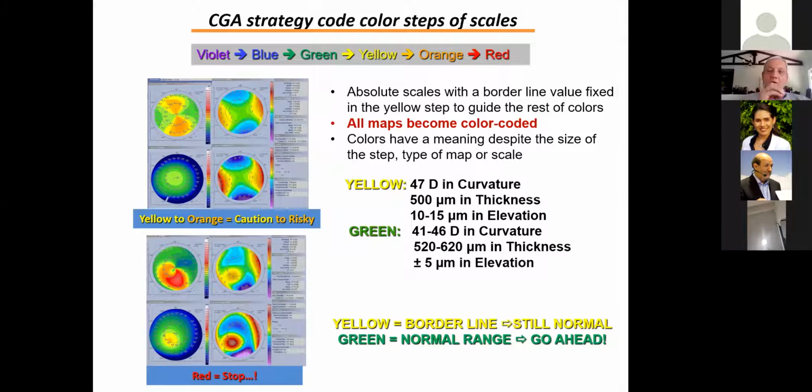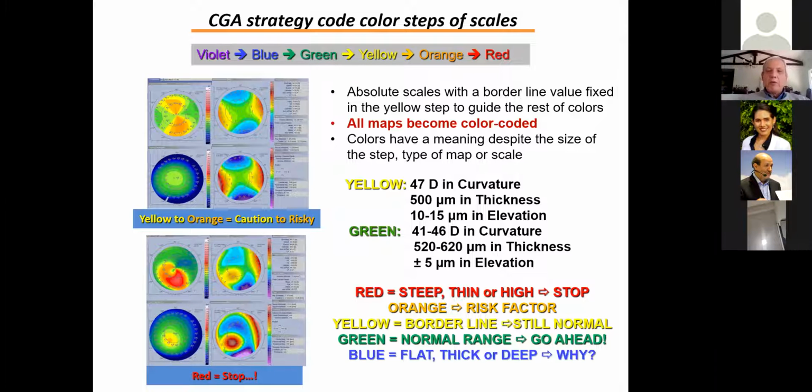Everything that is yellow means you are borderline, at the limit. Everything that is orange will be a risk factor in every map. Red will be pathological, most times, and the blue will be the opposite.